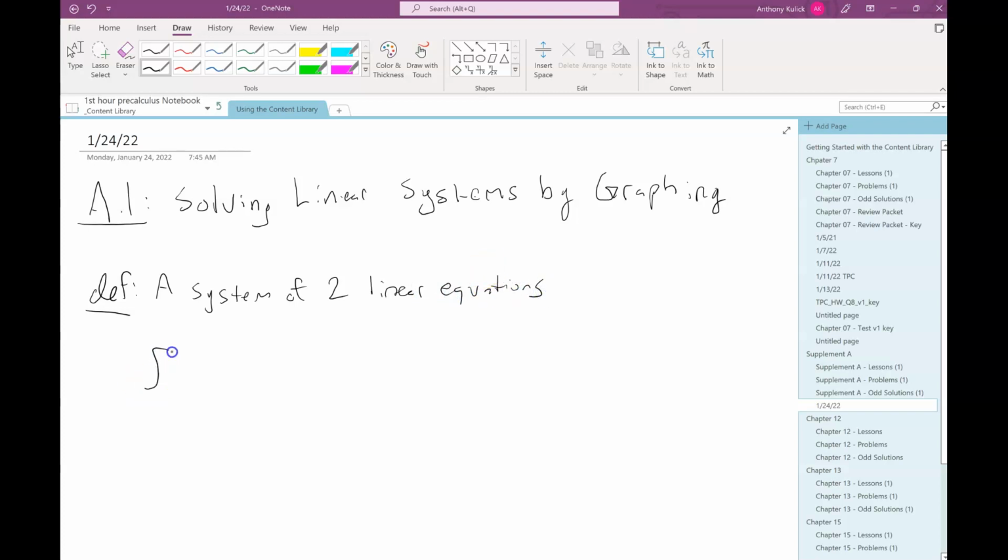Okay, so a system of two linear equations is basically two equations that are linear. When we say linear, what do we mean, really? We mean that the exponents on the variables are 1, and the only operations involved are addition, subtraction, multiplication.